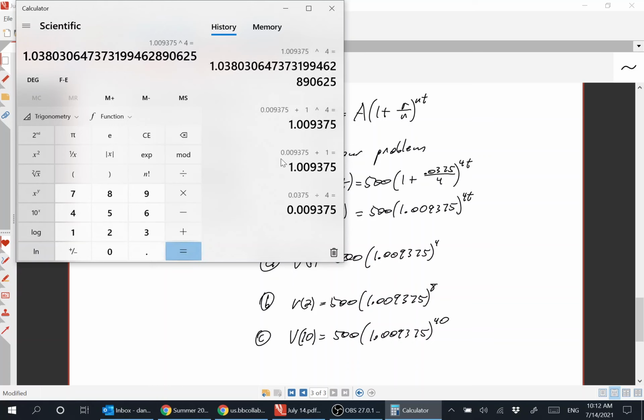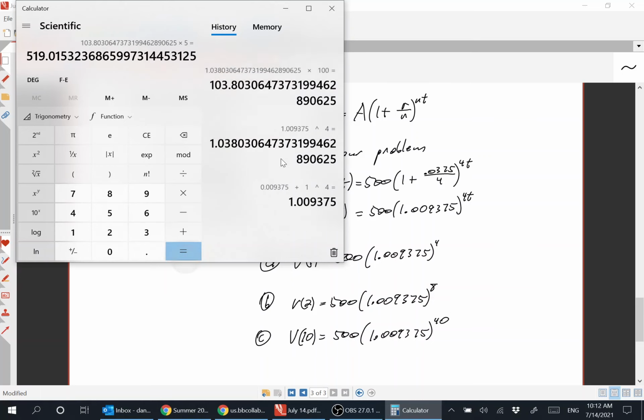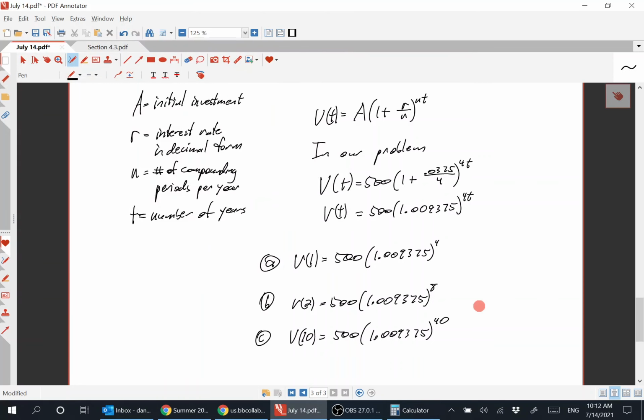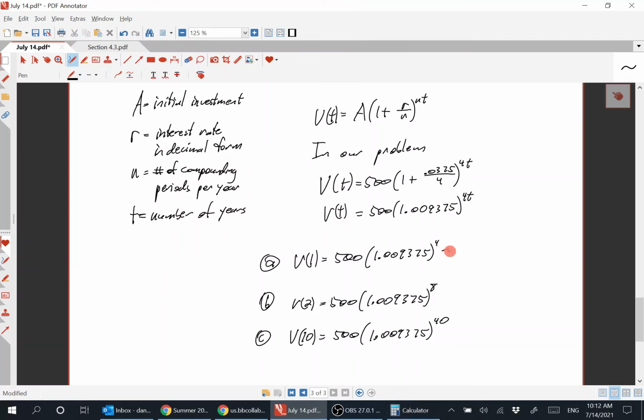So that times 500, $519 and how many cents? And 2 cents. All right, so after 1 year, that's how much the investment is worth. I guess we should put equal.